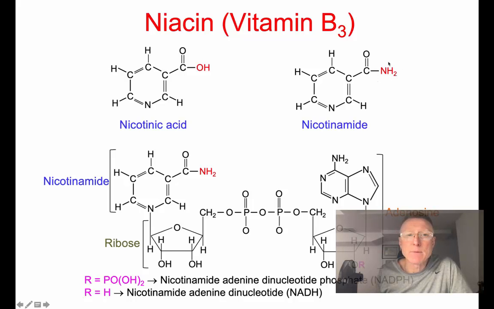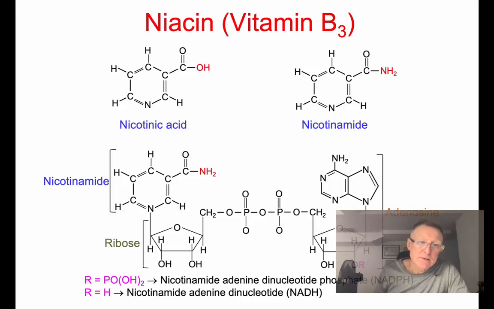In both cases, they are active forms of vitamin B3, but one we call nicotinic acid because it has an acidic, this is a carboxylic group here. I said hydroxyl here, but actually you have a carboxyl group here, and this is what makes it acidic. And you have an amino group that is what makes it a nicotinamide. Both of them have full vitamin B3 activity.